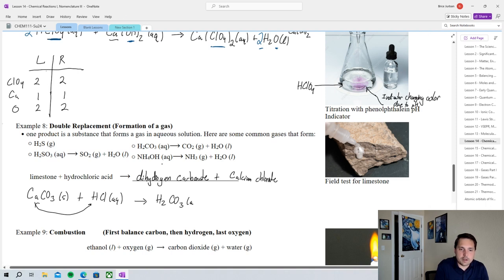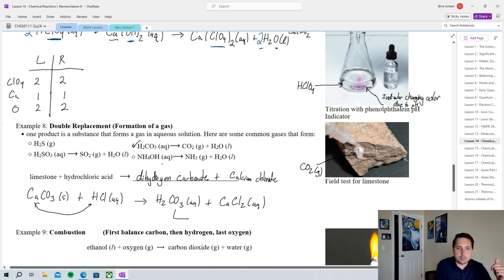Now, one thing to keep in mind here is that the dihydrogen carbonate here is going to break down further. So we can see that it's right here. The reason why this bubbles, so we have the bubbling that's occurring, is from the carbon dioxide that's produced.